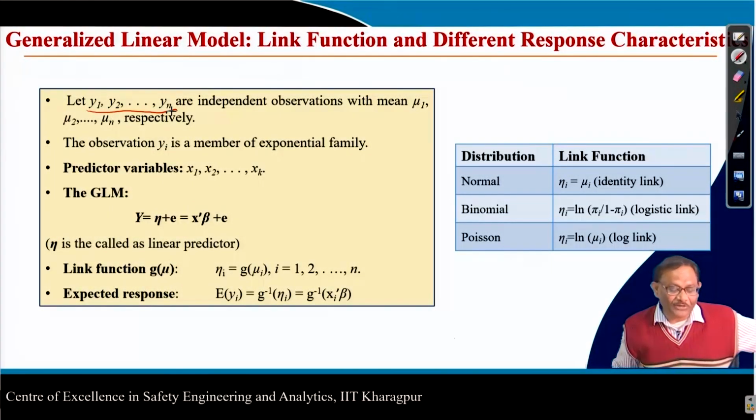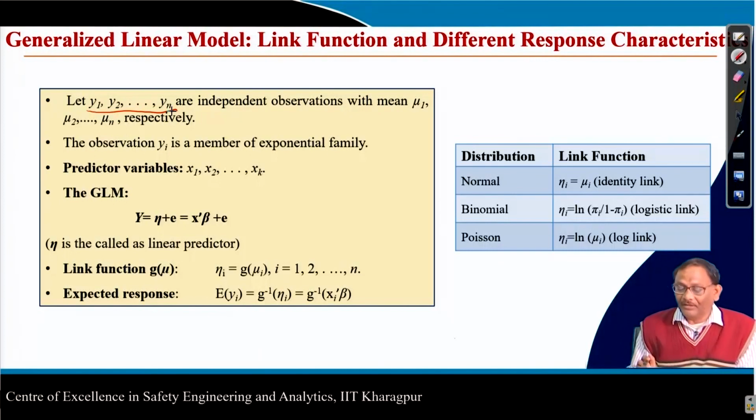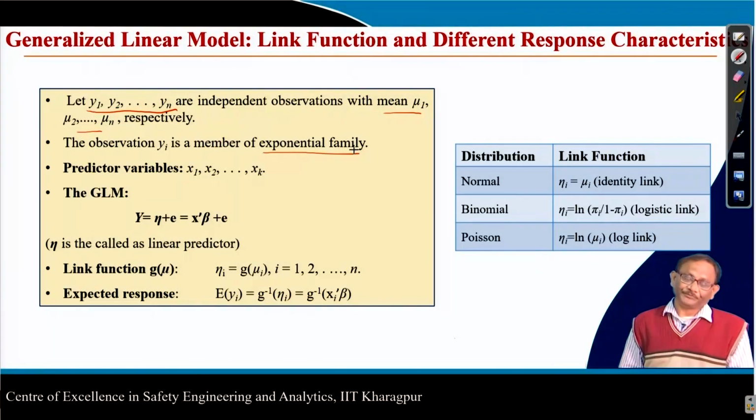So let y1 to yn be independent observations, and for the time being think of each independent observation as a random variable with corresponding means mu1 to mu n, and also consider that each of y1 to yn comes from an exponential family of distribution.